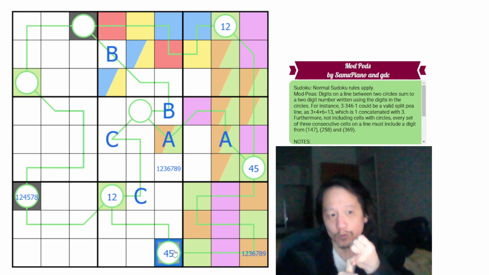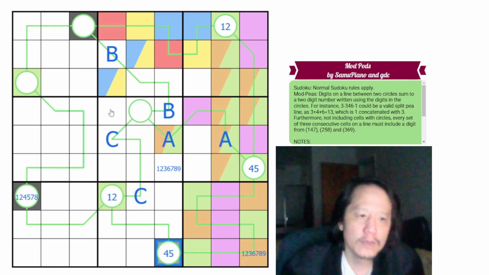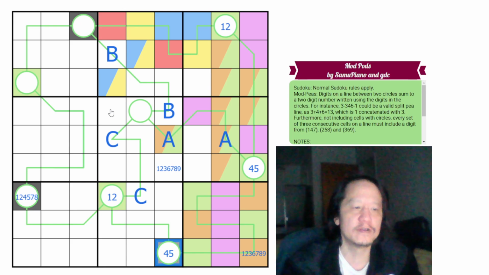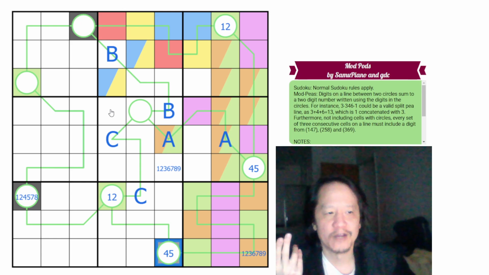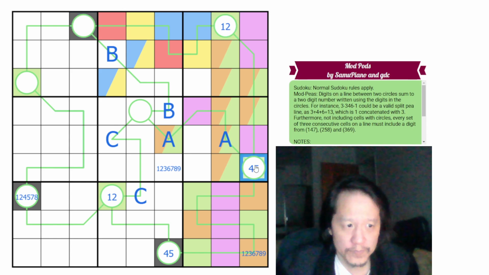So 15 works, 24 works, 14 does not work, 25 does not work because obviously 2 plus 5 is 7, divided by 3, which would be 1 mod 3, so it's not. So therefore, this alternating thing does work. So we know these are the same.